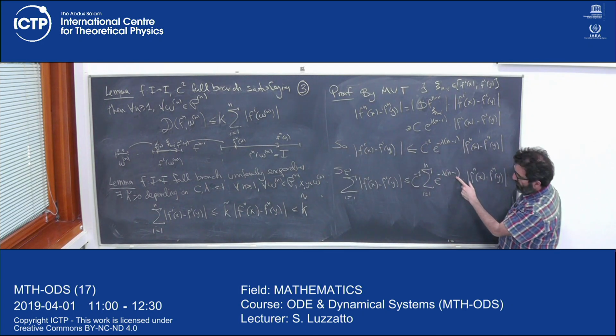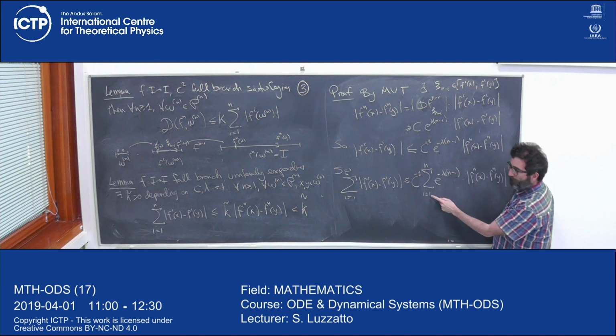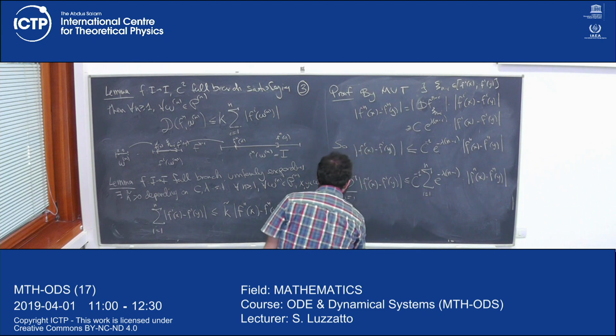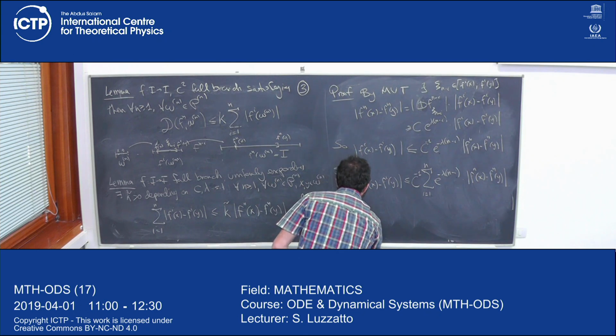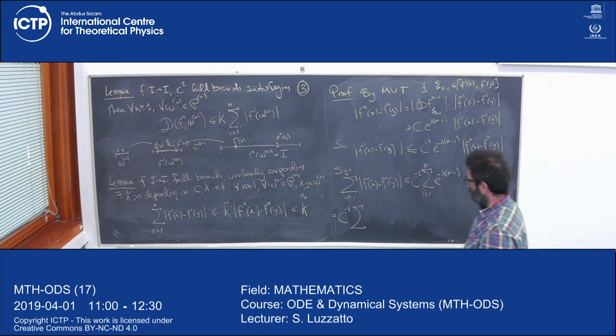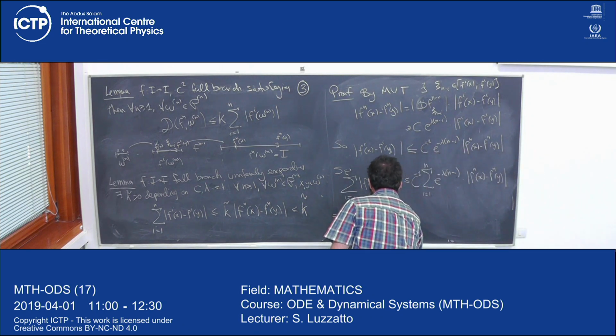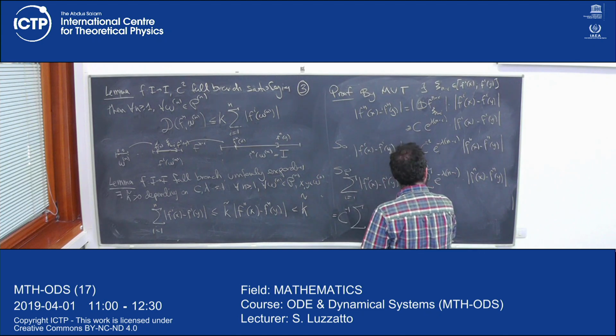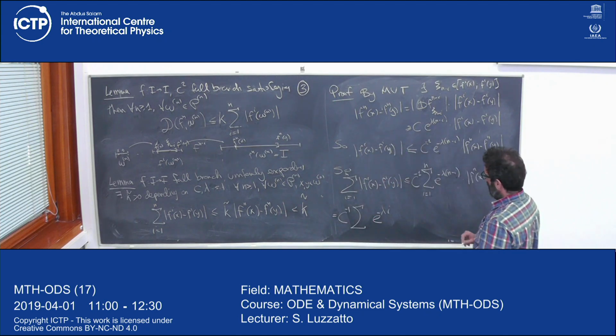Okay? Now notice that when i equals 1, this is n, so let me just make one more step here. This is equal to c^(-1) times the sum. Now here I want to write it as e^(-λi).